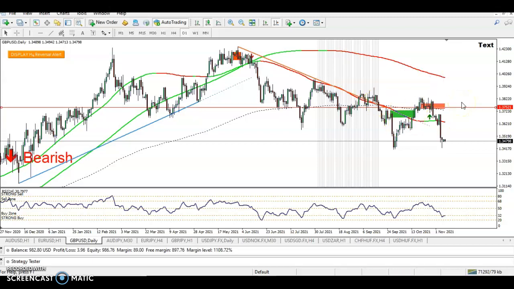We've got price wicking to the bottom, telling us it's ready to come up to the previous structure and get ready for another pullback. So where price is now is telling us that it's ready to pull back.